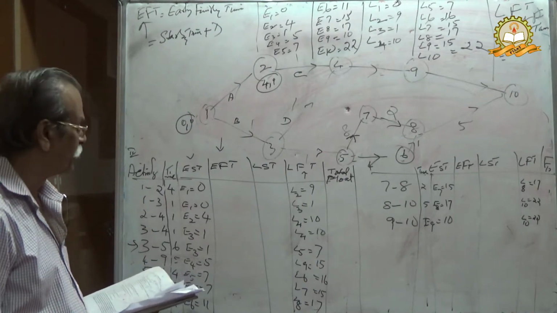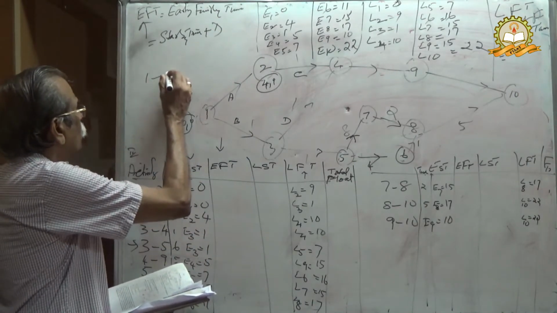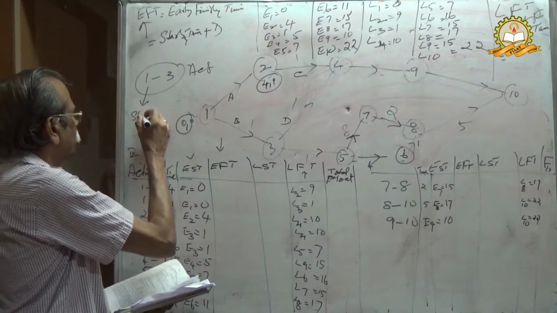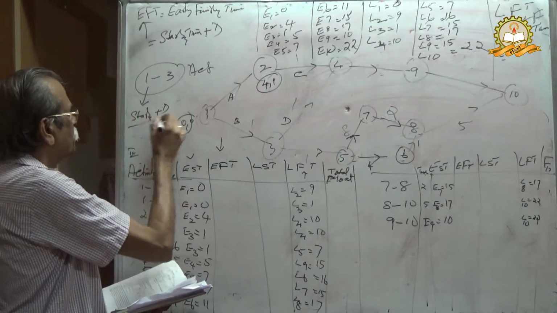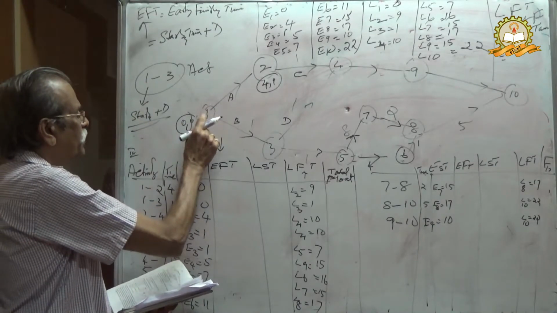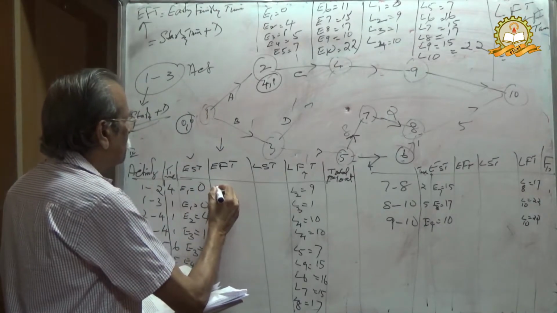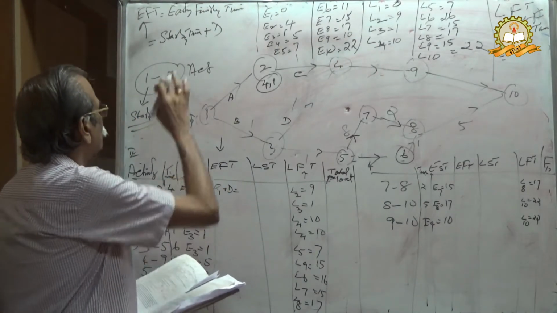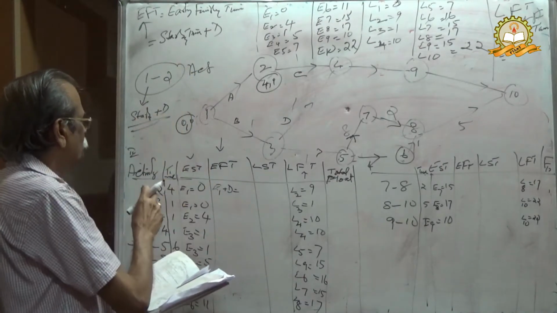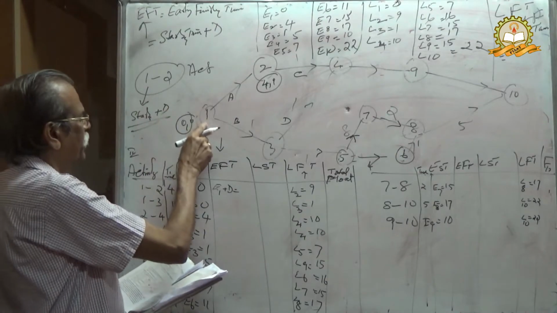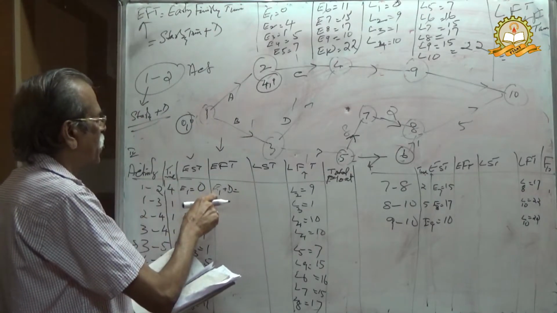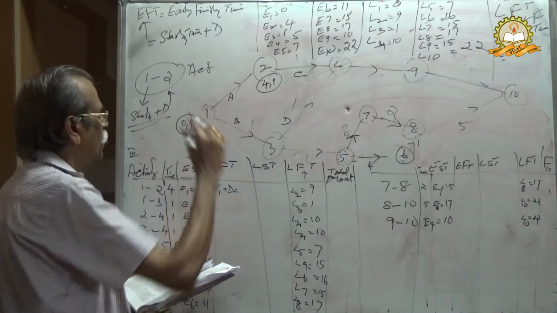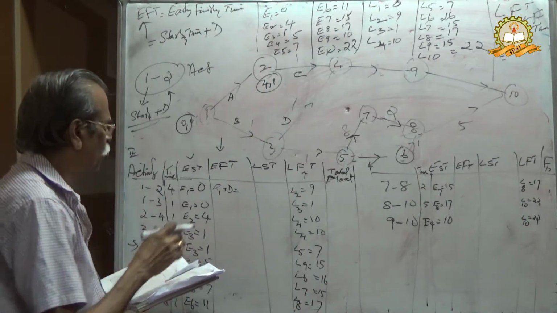Therefore if you consider the 1 to 2 activity, the starting time is E1. EFT will be E1 plus the duration of the activity 1 to 2. The duration of 1 to 2 is 4.